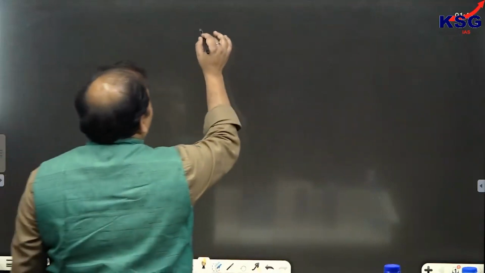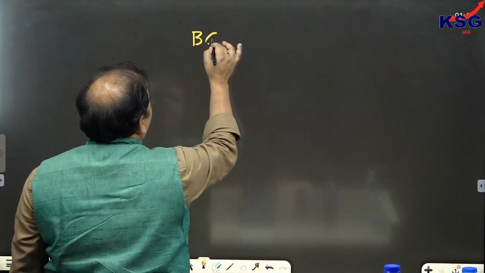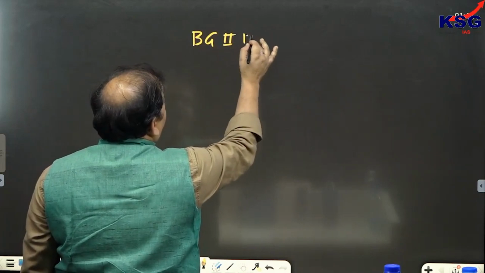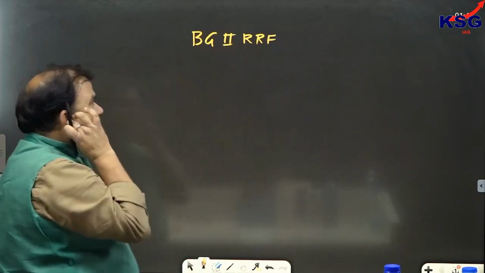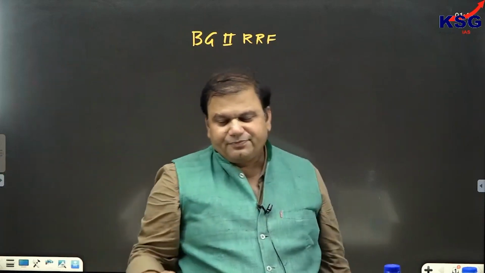Another variety of cotton is called BG2RRF. See, when we say BG3, it is nothing but BT cotton.